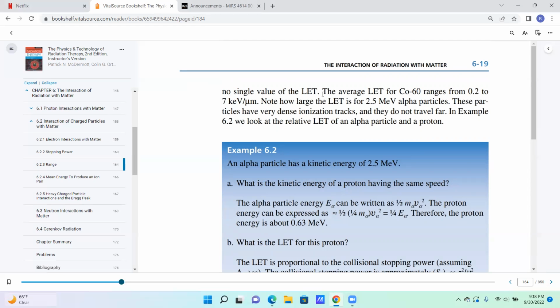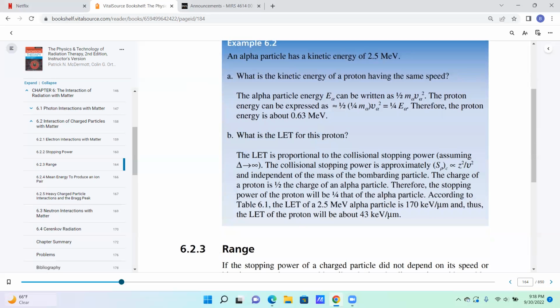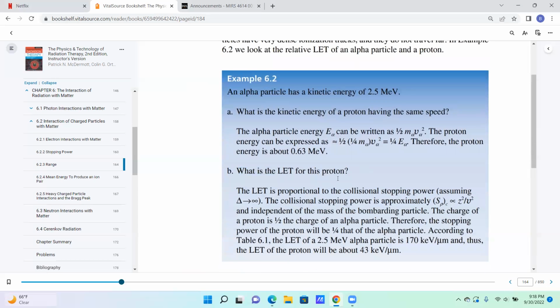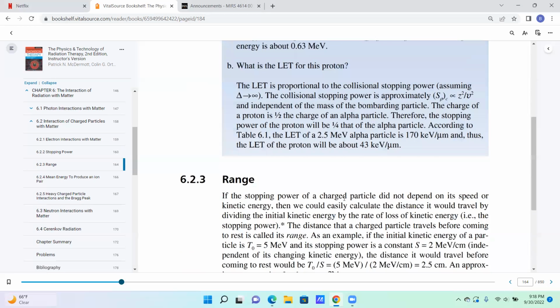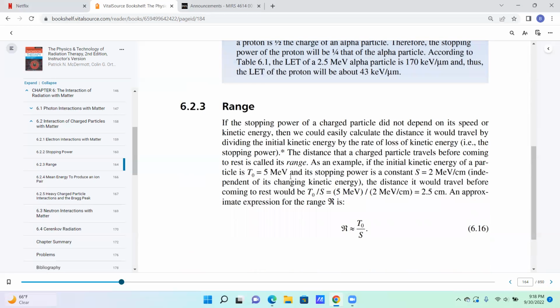Note how large the LET is for a 2.5 MeV alpha particle. If you look back at the table, you can see it. There are a couple of problems that you can work through here. Those are some pretty significant concepts.